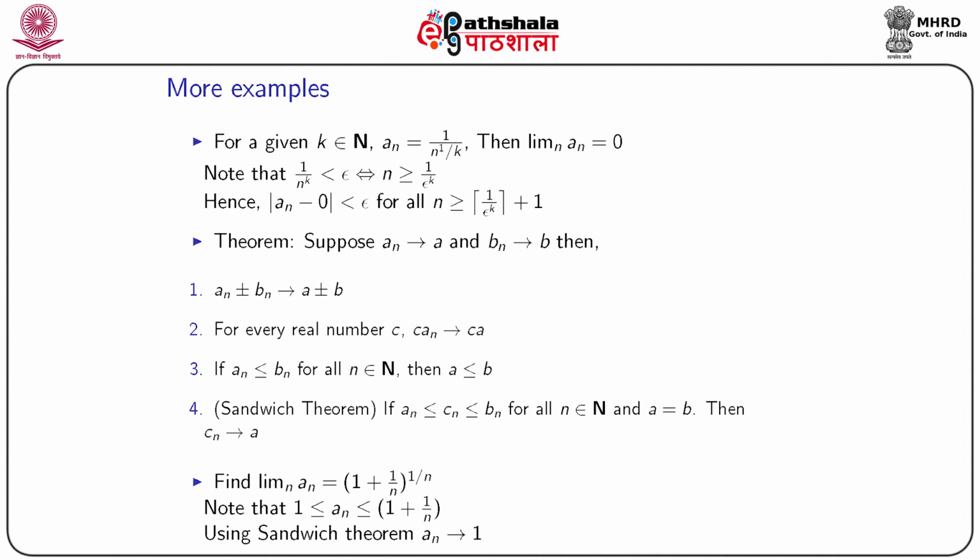The left one, that is 1, is a constant sequence, so even if I take the limit it will be 1, and the right one is 1 plus 1 over n. As I take the limit n tends to infinity, 1 over n tends to 0, so the right one also converges to 1. So using the sandwich theorem I can say that a_n converges to 1.